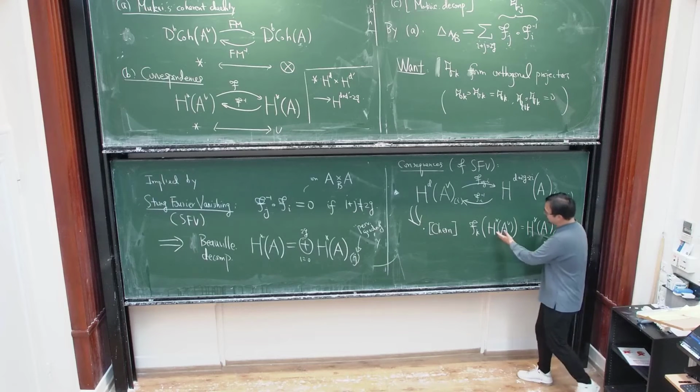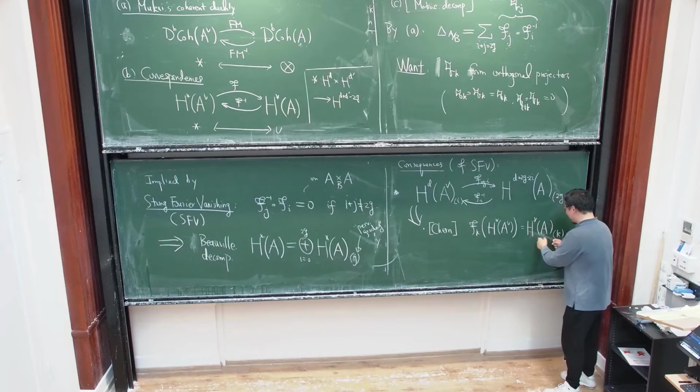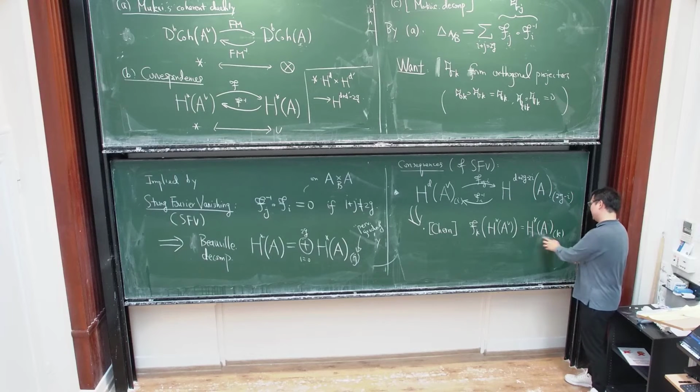So here you don't fix anything. You can feed in any class on the dual side, you apply this Fk, and on the other side you will recover exactly this k-th graded piece, which follows directly from this observation.